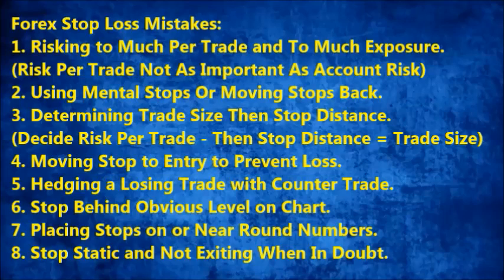A lot of traders, for example, will read online that 2% risk per trade is the optimum amount to risk. 2% on a trade is fine, okay? But it depends on how many trades you've got on. A lot of traders think, I could risk 2% per trade, and they do 10 trades.